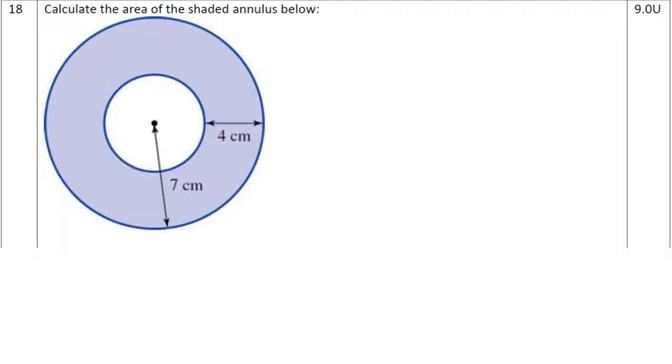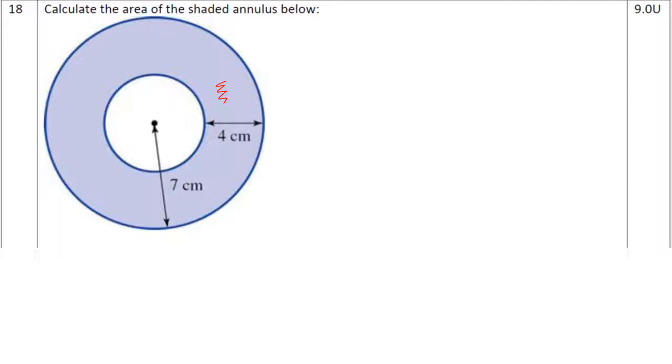Okay, calculate the area of the shaded annulus in the question below. Now, there's a couple of things we've got to think about. If we're trying to find the shaded area, which is this bit here, we're thinking about composite shapes. So we've got a large circle, but then we've got to subtract the inner circle.